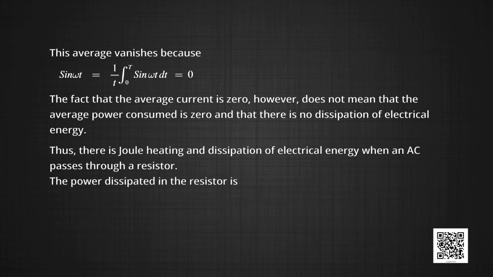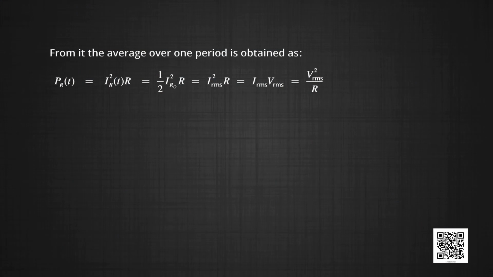The power dissipated in a resistor at a certain time t is P_R = V_R I, or I squared R. The average over one period is obtained as the power P_A at time t is equal to I squared R, that is 1/2 I squared R, which is I V_m, that is V squared divided by R.